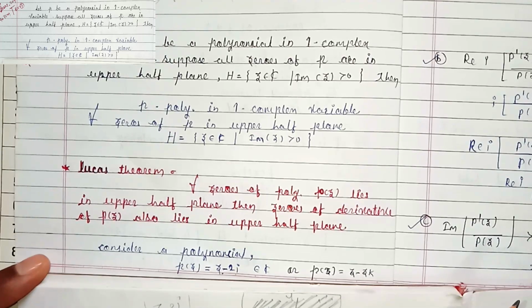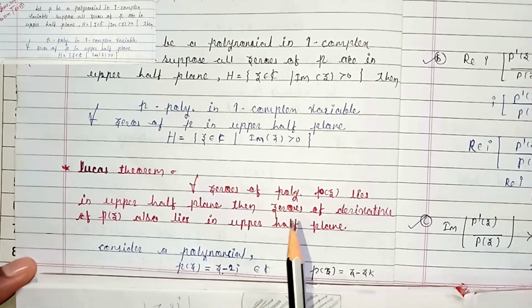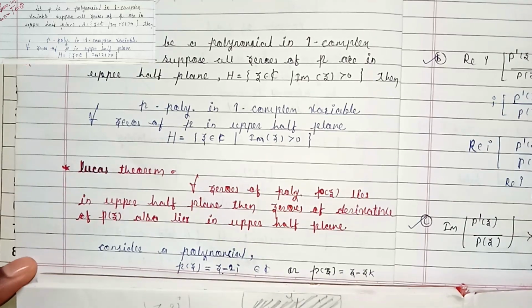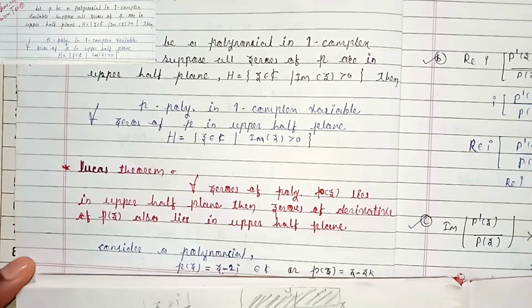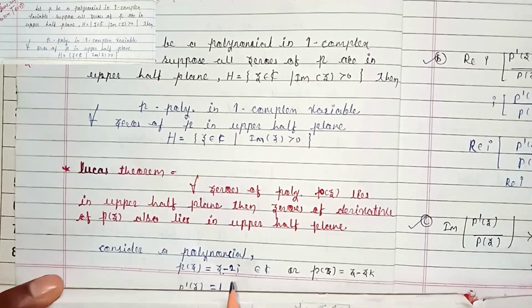I haven't shown the options till now, but first we have to understand what is given and what we have to consider as our assumption, and after that we'll go for the options. First of all we have to consider the polynomial, because in our options we have been given operations on a polynomial. So here I consider p of z as z minus 2i.